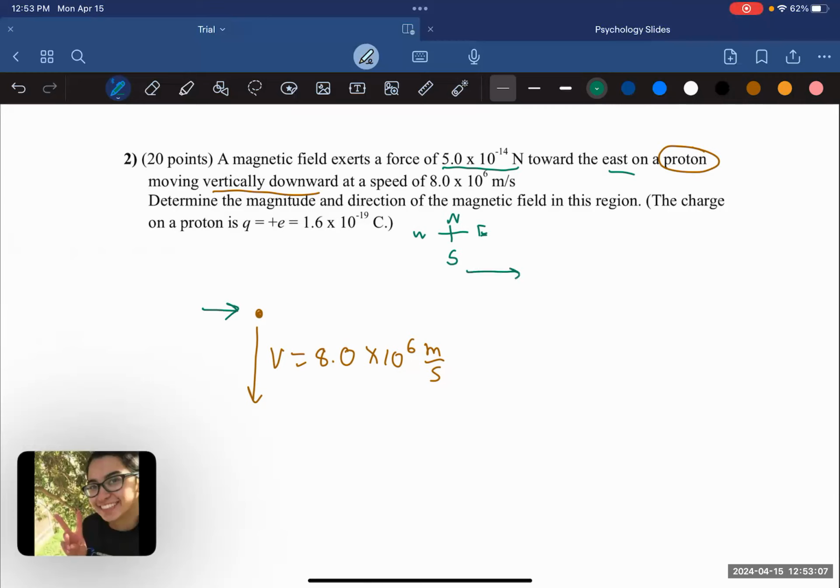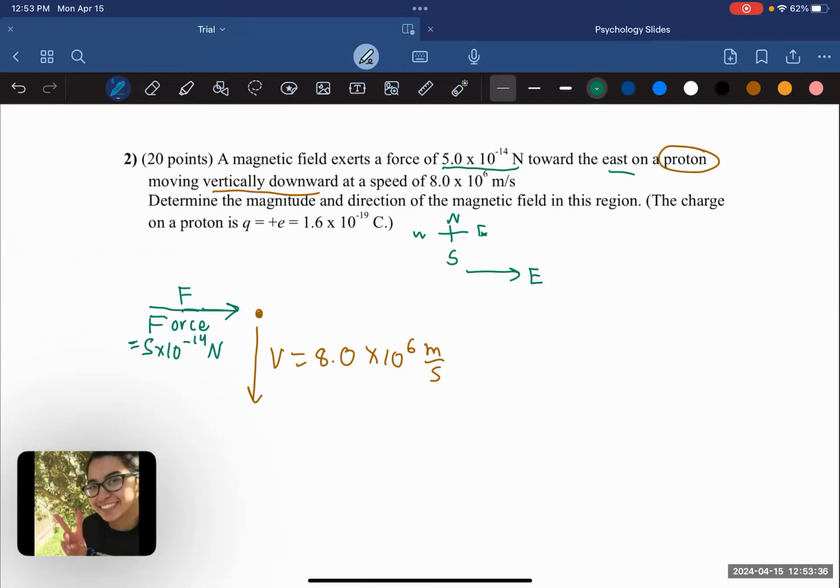So we're going to have force there. That's going to be 5 times 10 negative 14 newtons.